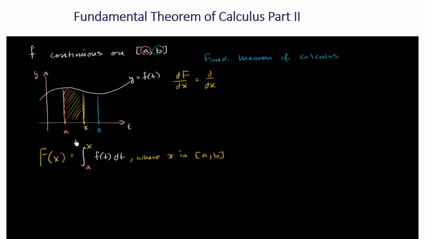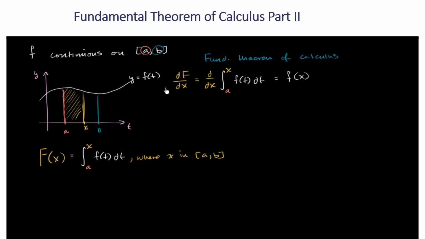Let me copy and paste this, which is the same thing. I've defined capital F as this stuff. So if I'm taking the derivative of the left-hand side, that's the same thing as taking the derivative of the right-hand side. The fundamental theorem of calculus tells us that this is going to be equal to lowercase f of x.